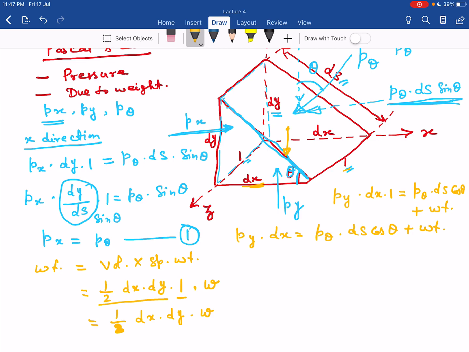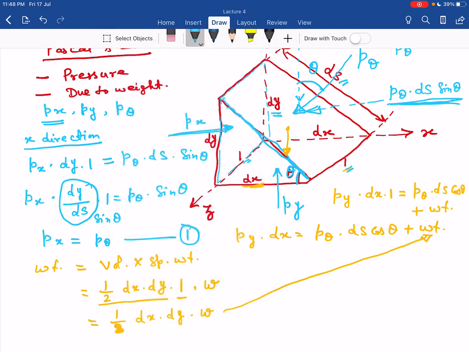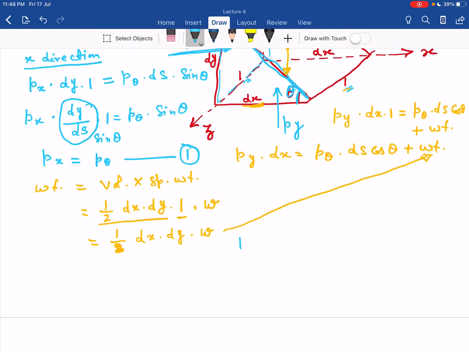So now we replace this term weight by this one. We write again Py into dx equal to P theta into ds cos theta plus 1 by 2 W dx into dy. Now dx into dy, these are very small terms.